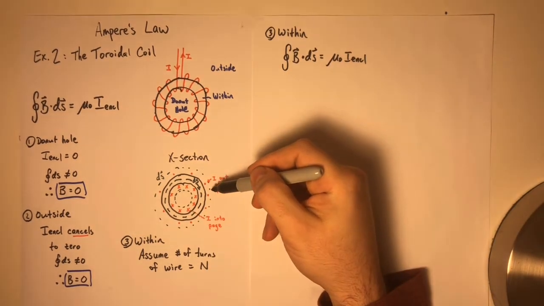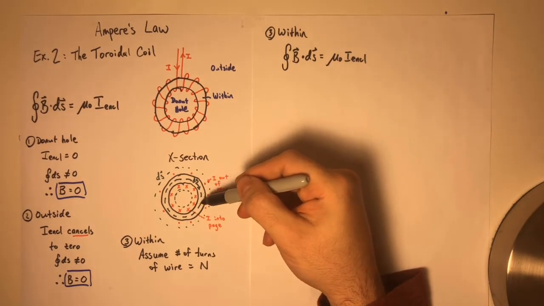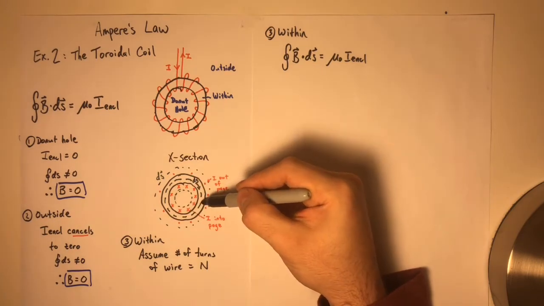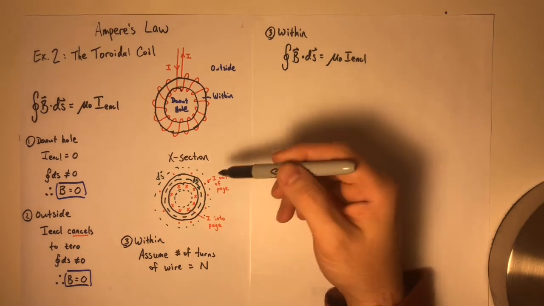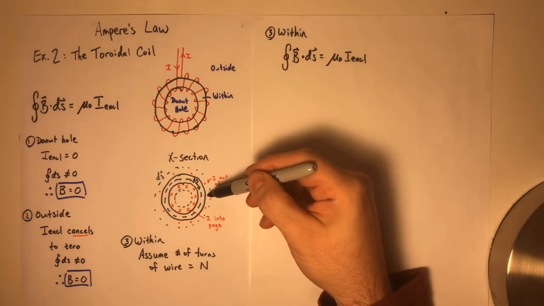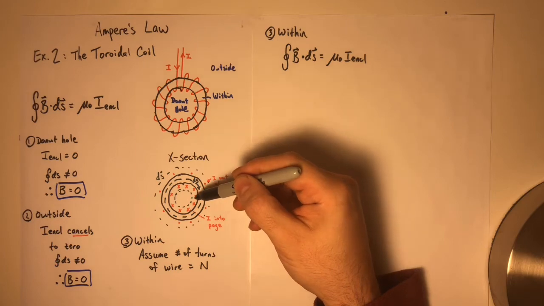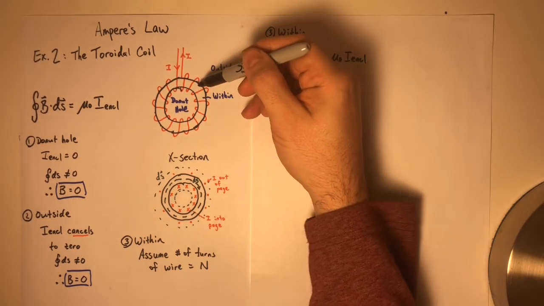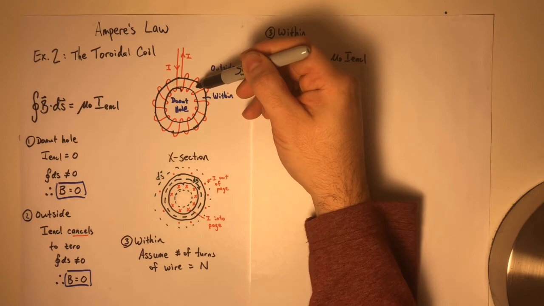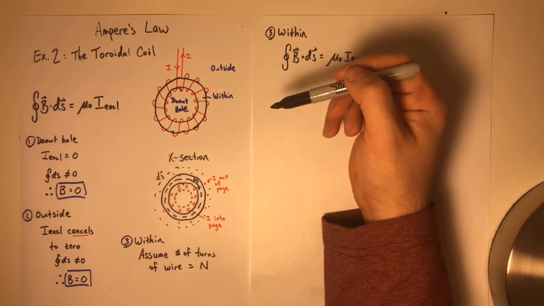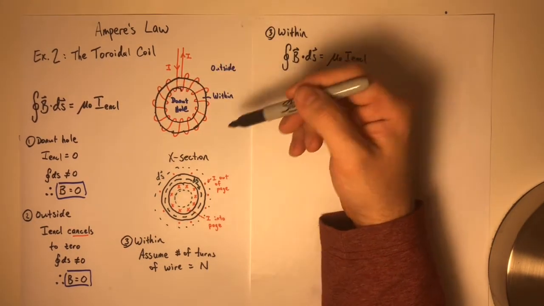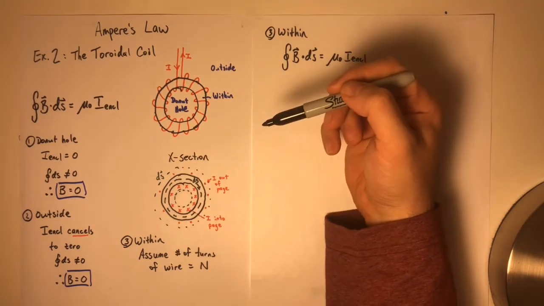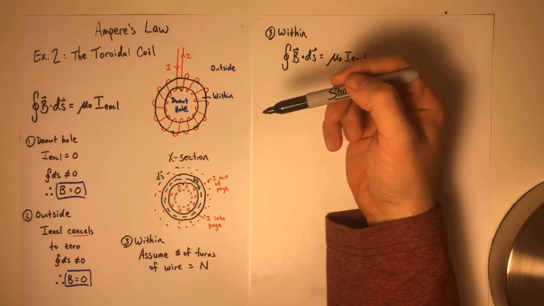It shouldn't take you too long to realize that everywhere along that particular ds that we've chosen within the ring has the same strength magnetic field. After all, each one of those points is equidistant from the current out of the page and the current into the page. And if they're tightly wound and fairly close together, we don't even have to consider the fact that there are places where the field weakens. We can just assume that the number of turns is sufficient that we can assume a constant magnetic field strength inside that region.